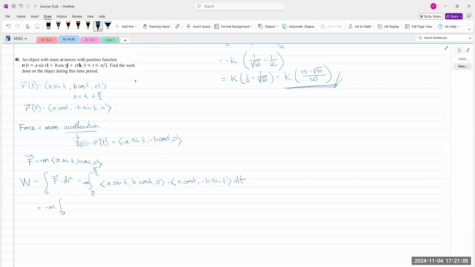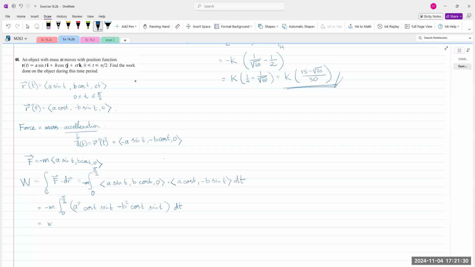That is negative m integral from 0 to pi over 2 of a squared cosine t sine t minus b squared cosine t sine t dt. Oh, we have common factor a squared minus b squared there.